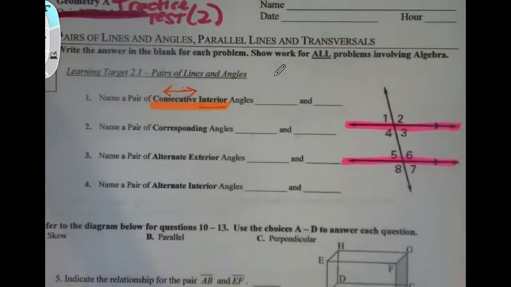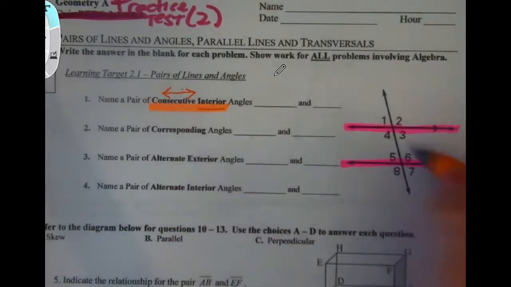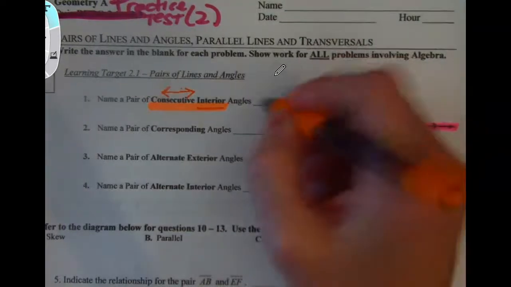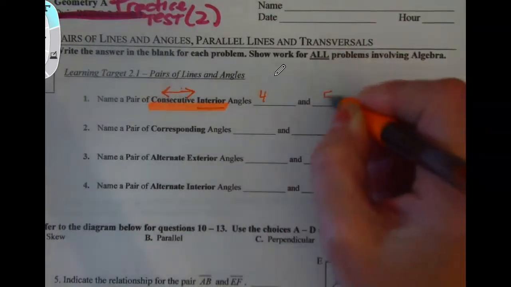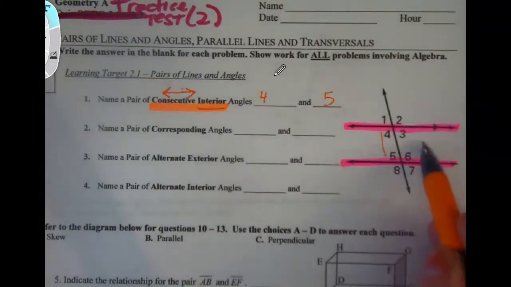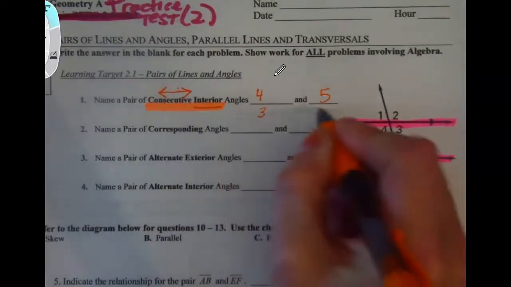So that will help me. So if you put interior, you would have had either 4 and 5, or you could have had 3 and 6. I'll put 3 and 6 underneath, just in case. Those are both correct answers for consecutive interior.